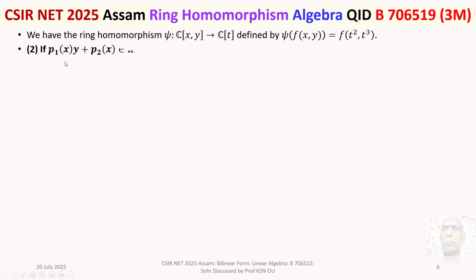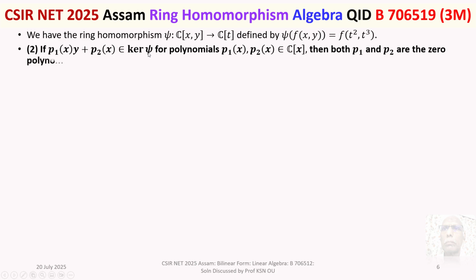Option 2. If p1(x) multiplied by y plus p2(x) belongs to the kernel of psi, for the polynomials p1(x), p2(x) belonging to C[x], then both the polynomials p1 and p2 are the zero polynomials.